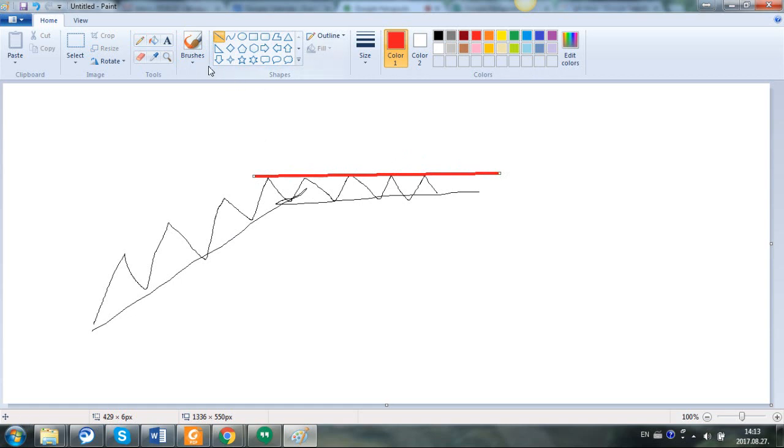Now, in order for this resistance to be broken like that, there must be also a big volume. Volume, pag sinabi nating volume, yung amount of shares na pumapasok sa stock na yan.